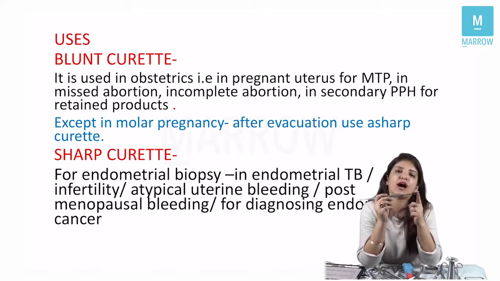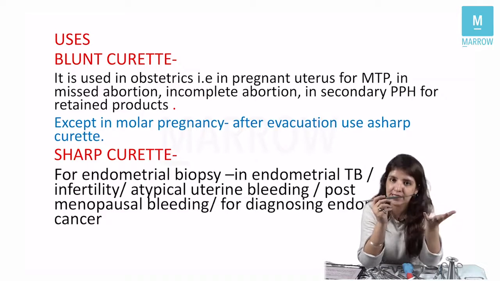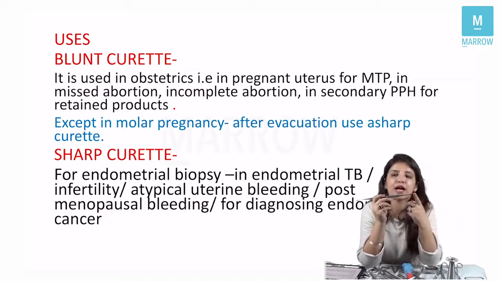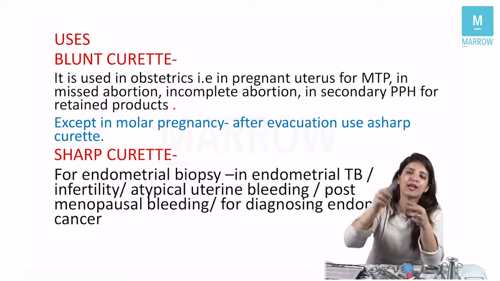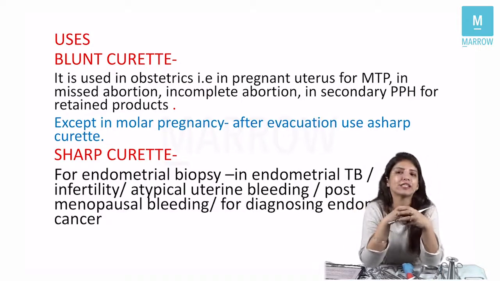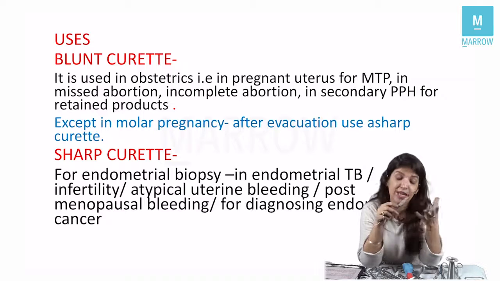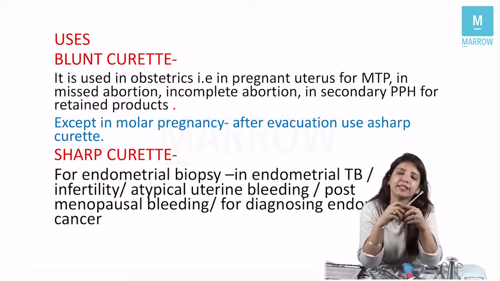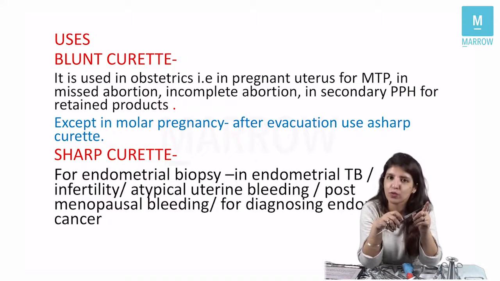Or suppose after delivery, the female is having secondary PPH and you are suspecting that parts of placenta or fetal membrane have been retained inside. In that case, I'm going to use a blunt curette and check for the retained parts of placenta or any membrane. Always in obstetrics, you use a blunt curette on a pregnant uterus except in one situation.